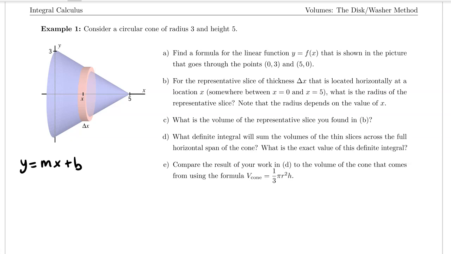Slope is rise over run, so from the y-intercept I go down 3, and then right 5 units, so that tells us that our slope is negative 3/5, and then we multiply that by x, and then add. Notice that our y-intercept is the point (0, 3), so I'm going to put plus 3 there. So this is the answer for part A.